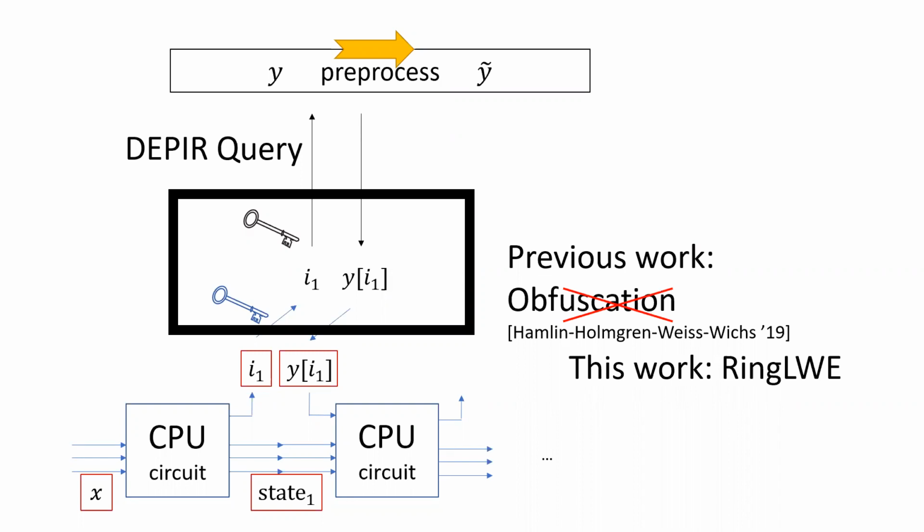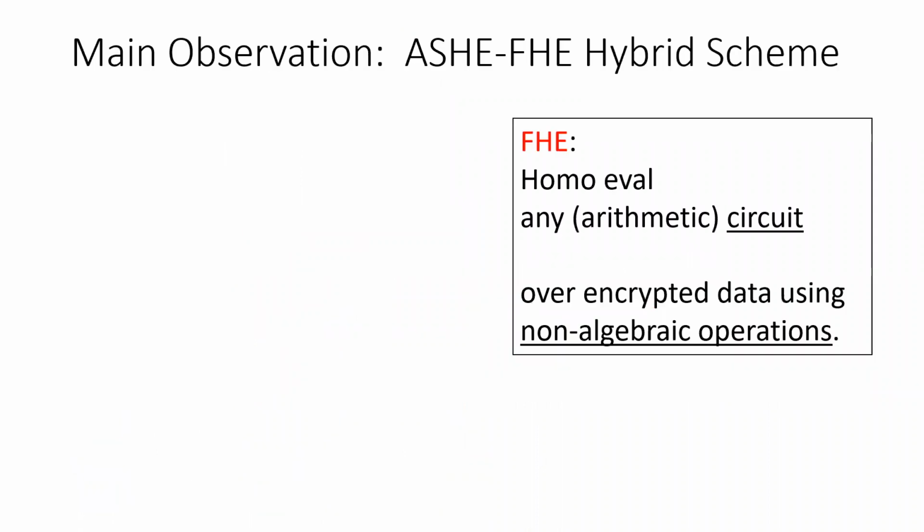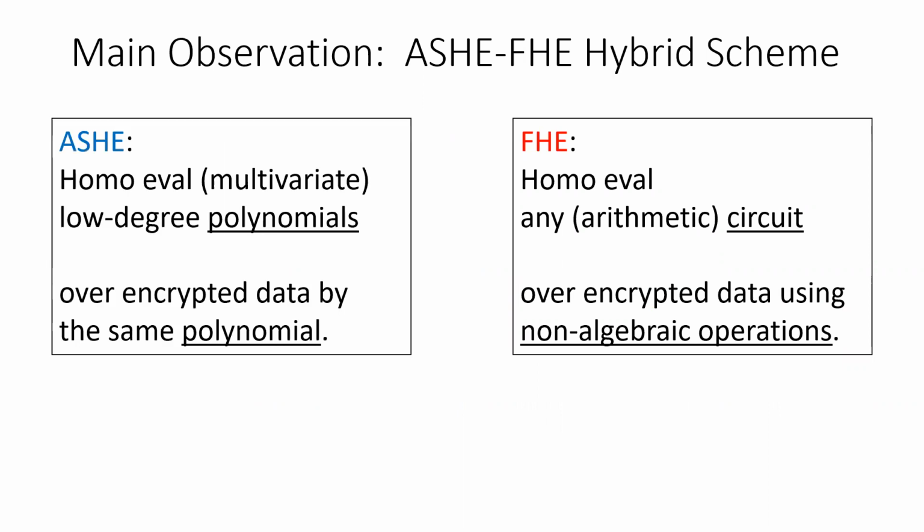And we make this construction quite simple with our doubly efficient PIR. Our main contribution is the following. In the previous slide, there are 2 homomorphic encryption schemes. The first is FHE. We use FHE to evaluate the CPU circuits. And the second is ASHE, algebraic homomorphic evaluation, that is used to perform doubly efficient PIR queries.